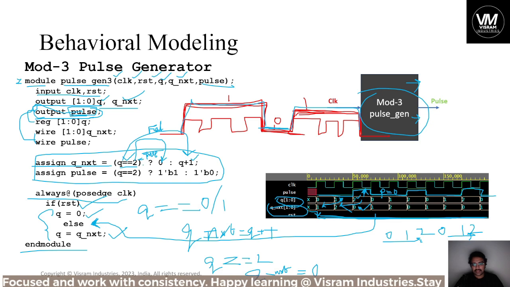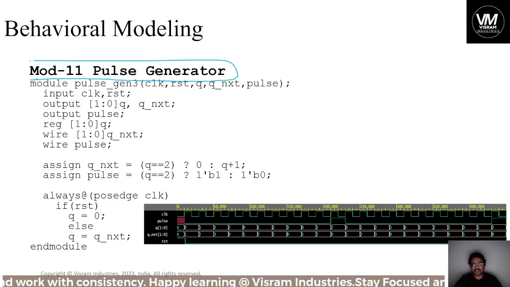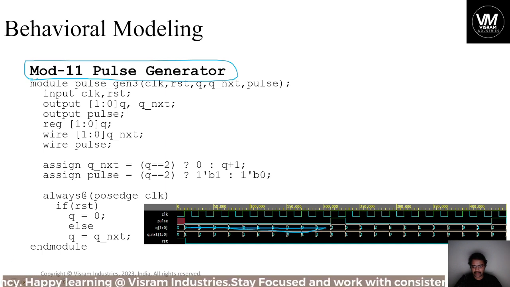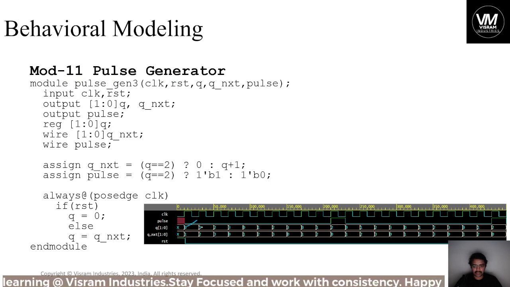Okay, coming to the next, module 11 pulse generator. This will be the same as module 3, but for every 11 pulses, if you can count, I'll take it here. So 1, 2, 3, 4, 5, 6, 7, 8, 9, 10.